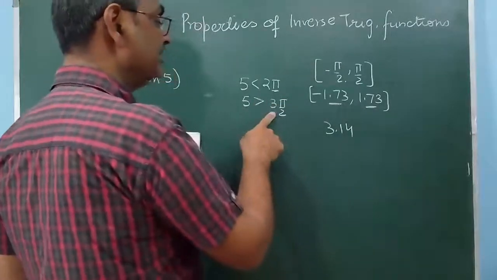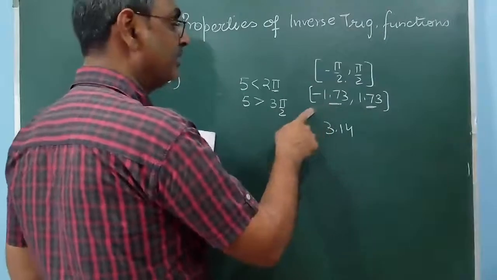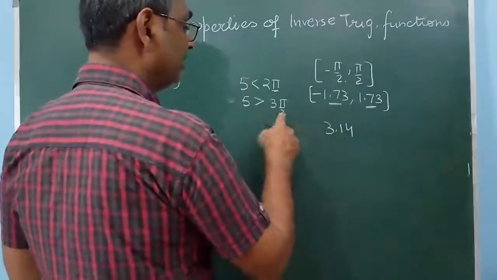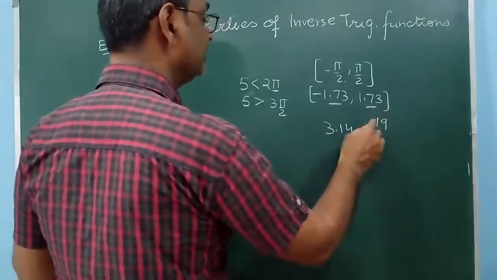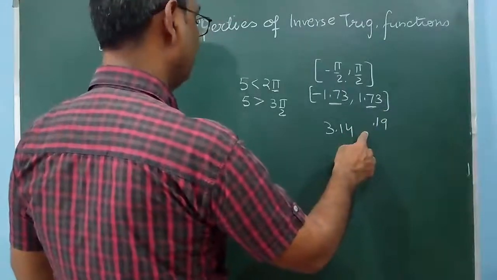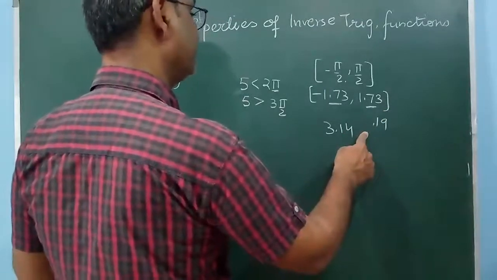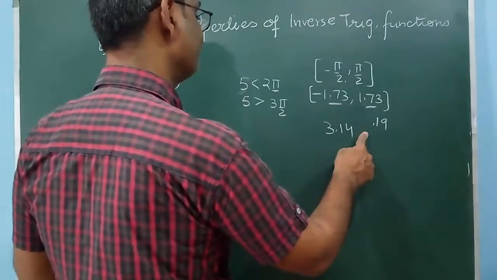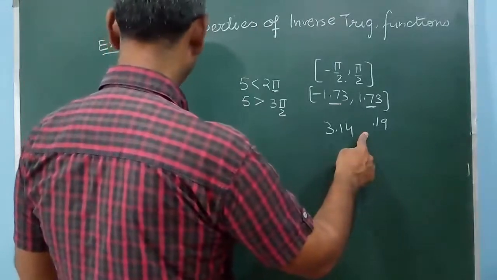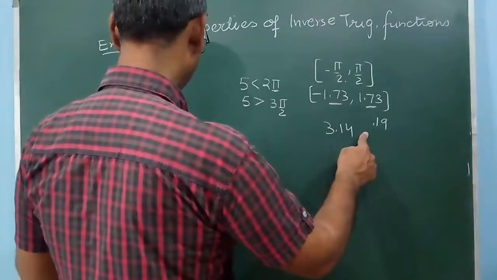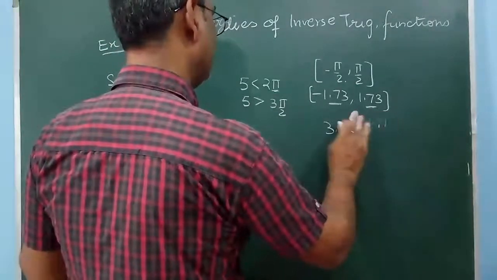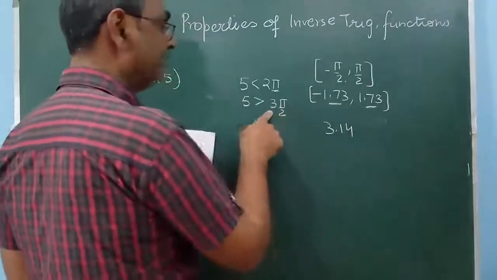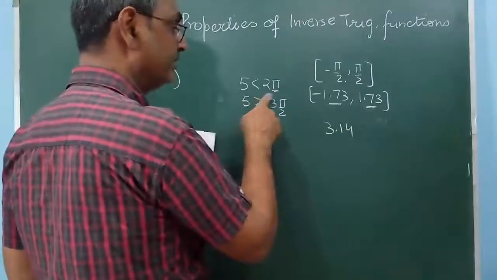Put the value here: pi by 2 is this, so 3 threes are 9, 3 sevens are 21, and it will be coming 4.71. So 3 pi by 2 is 4.71 and 2 pi is 6.28.